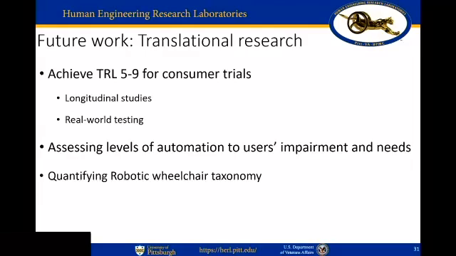The other thing that I wanted to point out, which goes back to what we were mentioning, is that the level of automation will depend also on the user's impairments and users' needs. And last thing is that the robotic wheelchair taxonomy is just guidelines for future designs. One of the things that we wanted to address, though, is to be able to quantify these standards, like what we have currently in the ISO wheelchair standards.